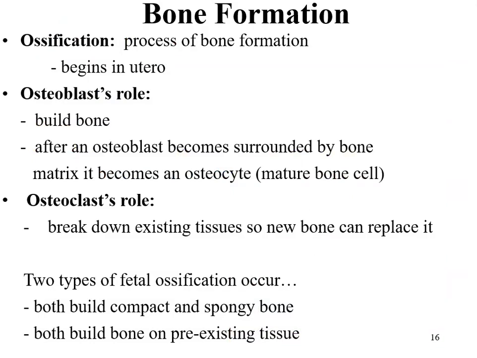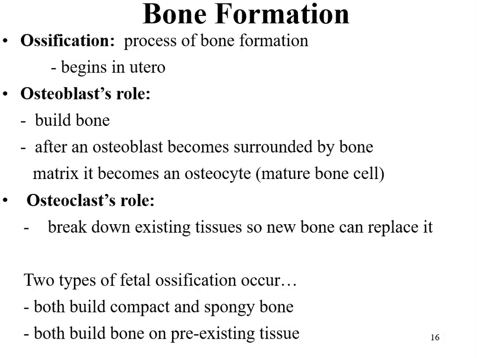Now that we know our bone cells, we can talk about how bone is formed through ossification, which is the biological term for bone formation. This process begins before we're even born in utero, and both osteoblasts and osteoclasts play a role.